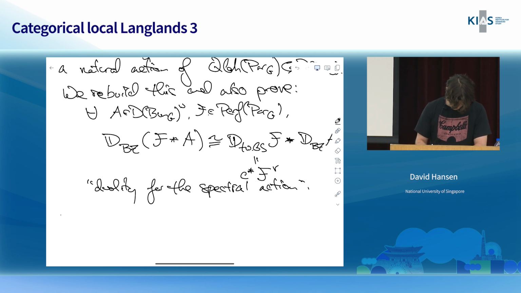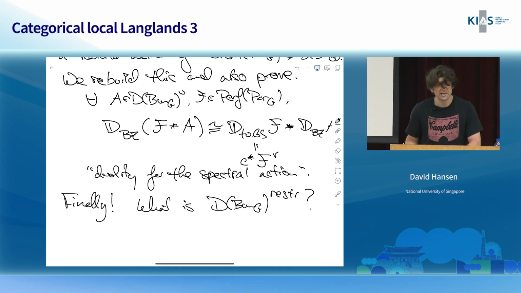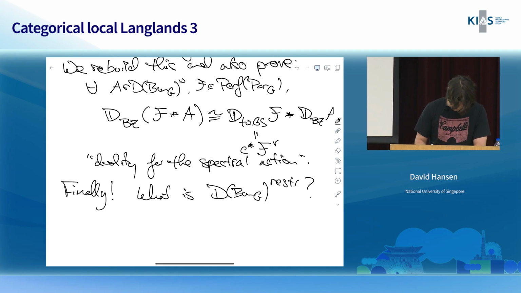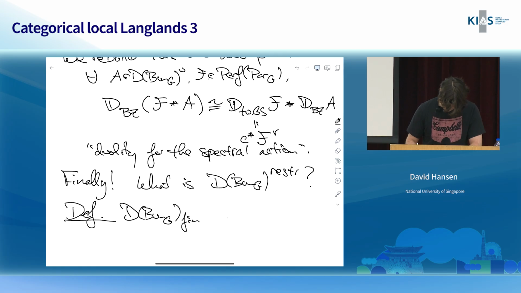And so finally, last thing and then I'll stop. What is D bun G restricted? This will also be important. And again, the answer turns out to be extremely down to earth. So definition, D bun G, fin, same psychology of what this should mean to you.